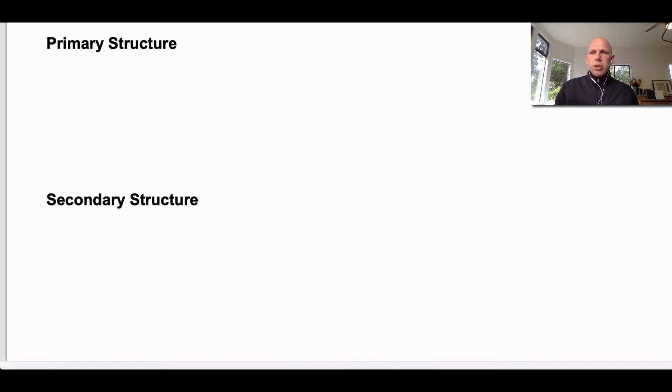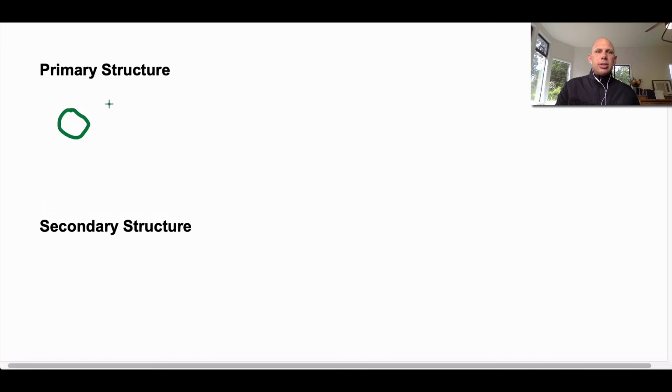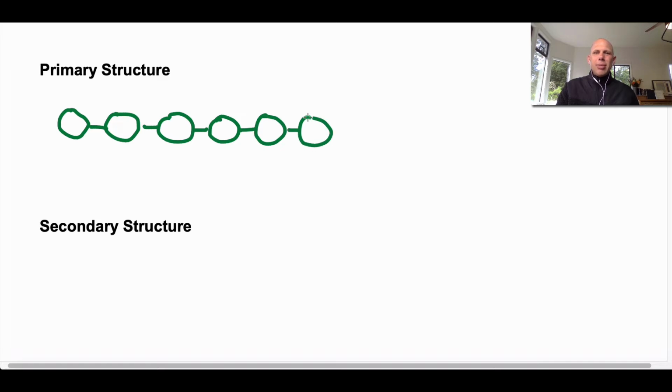So primary structure refers to just the sequence of the amino acids. Okay, so we have an amino acid here, amino acid here, amino acid here. Let's get crazy and do a 10 amino acid peptide: 1, 2, 3, 4, 5, 6, 7, 8, 9, 10.